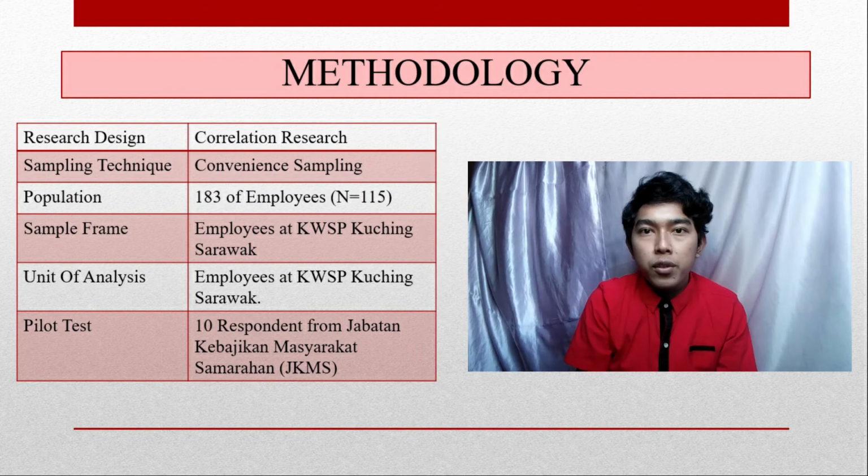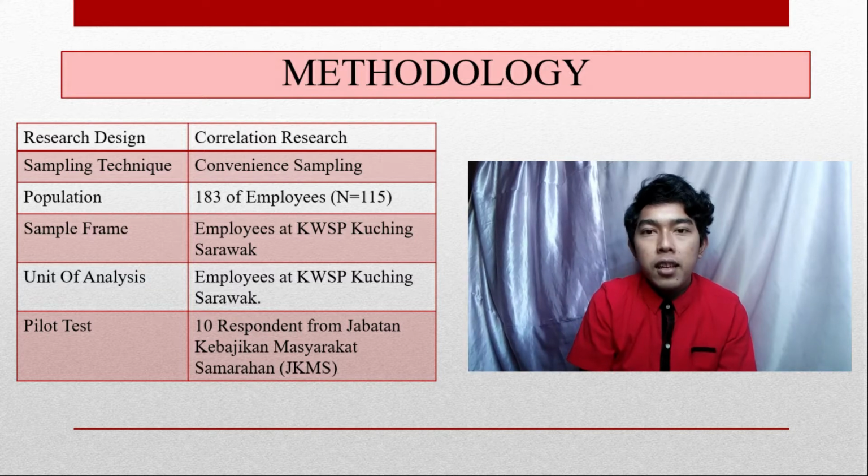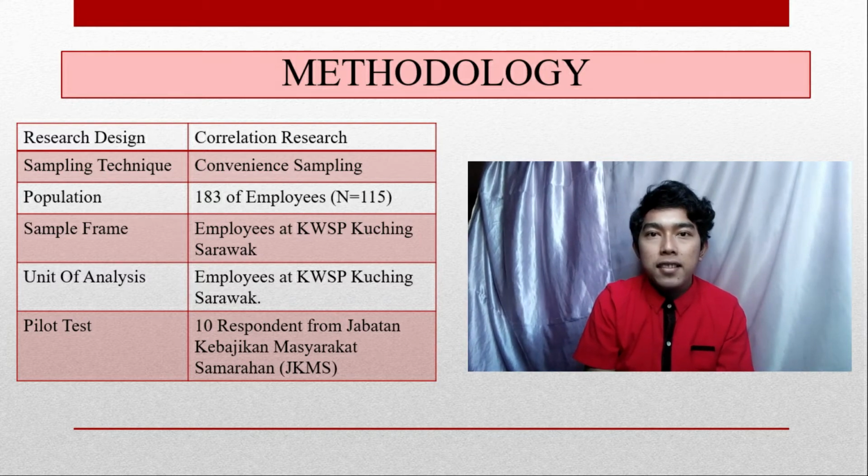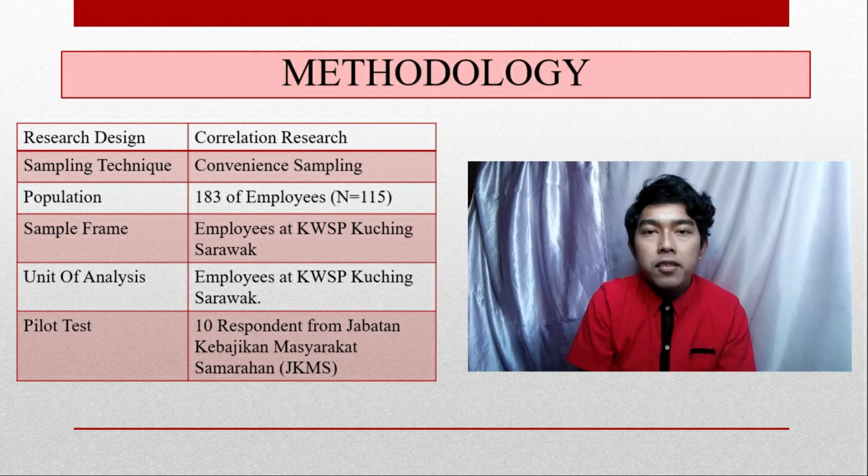Next, I'm going to move to methodology. As for the methodology, I'm going to explain the research design, sampling technique, population, sample frame, unit of analysis, and the pilot test. As for the research design, I'm using correlational research.